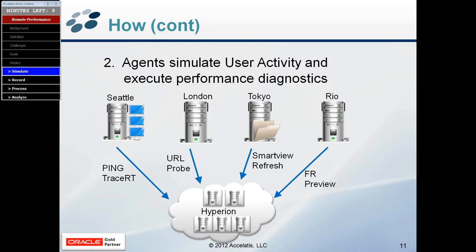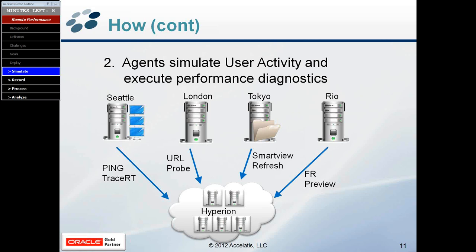It then captures some very basic high-level performance of URL probing, and then it captures a deeper full synthetic transaction where, for example, a financial report preview does everything from logging into Workspace, navigating to a report, opening the report and refreshing it, and logging out. So it's really exercising everything from the web server down to the database.